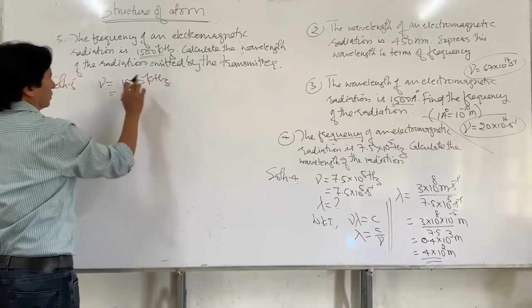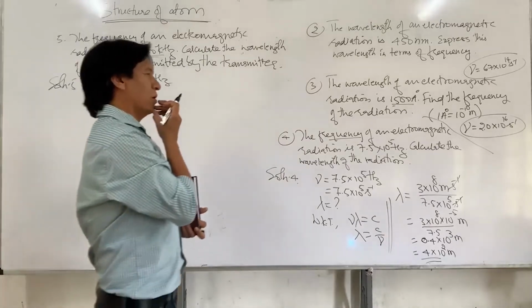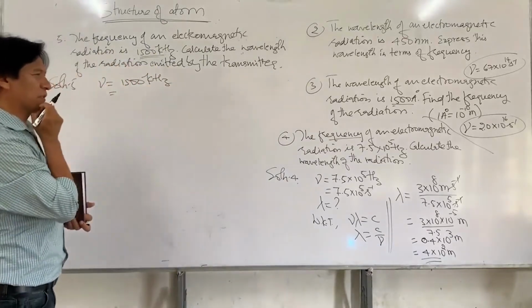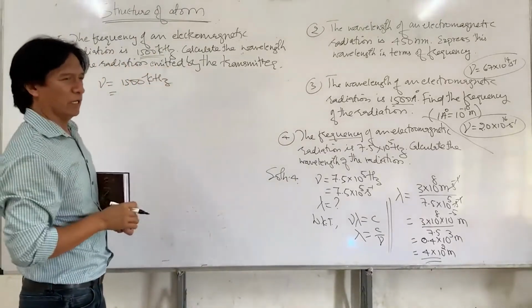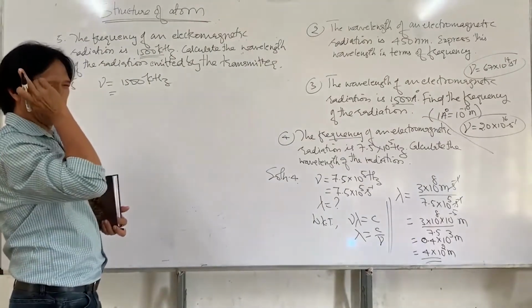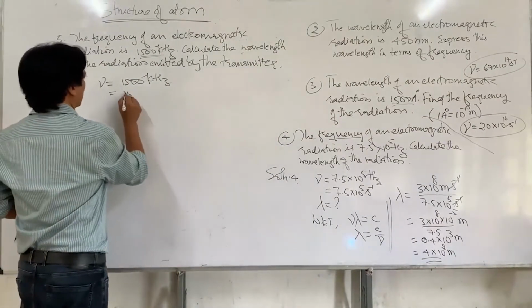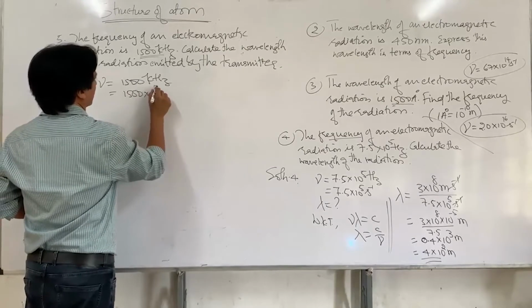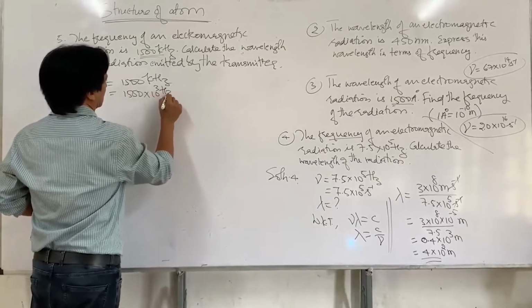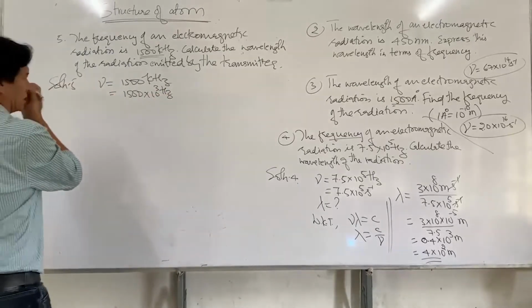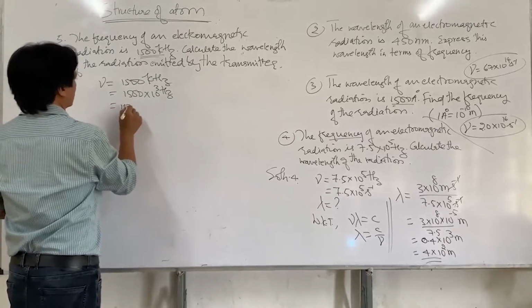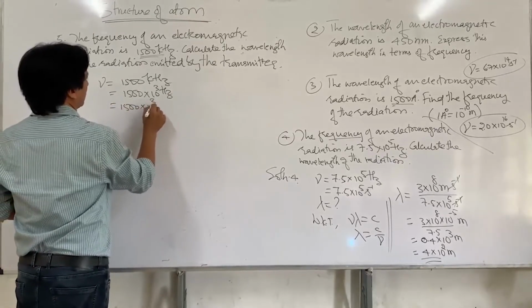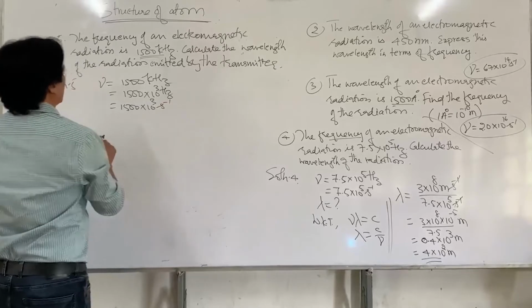So you change from the prefixes that are used in the SI system. Kilo means 10 raised to the power 3, isn't it? So this is 1500 into 10 raised to the power 3 hertz. Hertz, you can write as per second. So this is the same as 1500 into 10 raised to the power 3 per sec.